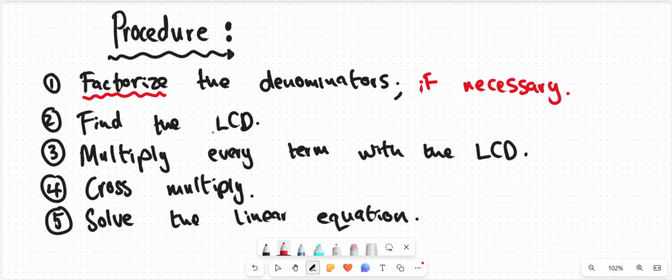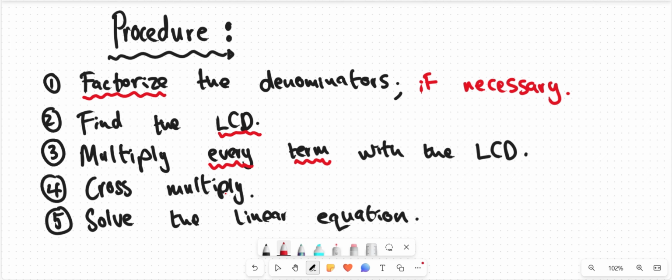Then step number two would be to find your lowest common denominator. Then step number three would be to multiply every term. It's very important to underline every term, not just the fractions, not just the whole numbers, but every single term. Not just the things on the left, not just the things on the right.